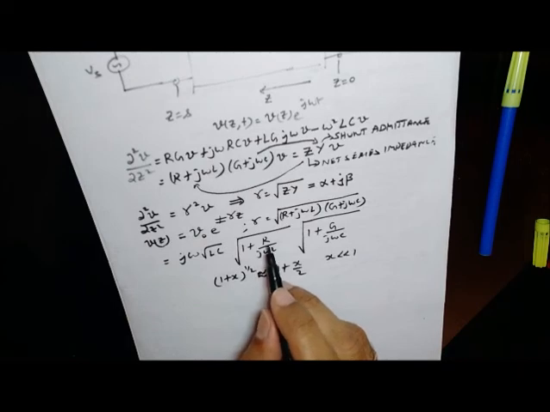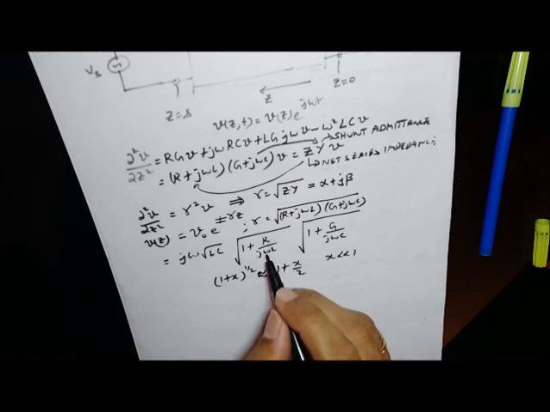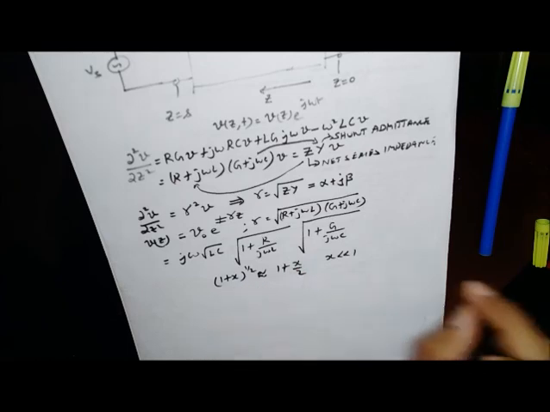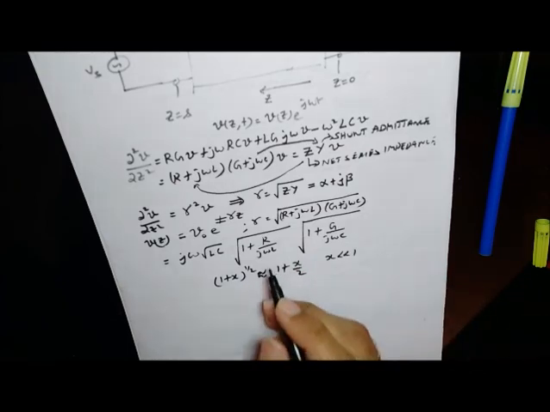Now here R is small because the transmission line will be made up of a good conductor. Omega will be reasonably large, and L can be large because you have a long transmission line with two conducting wires placed close together.